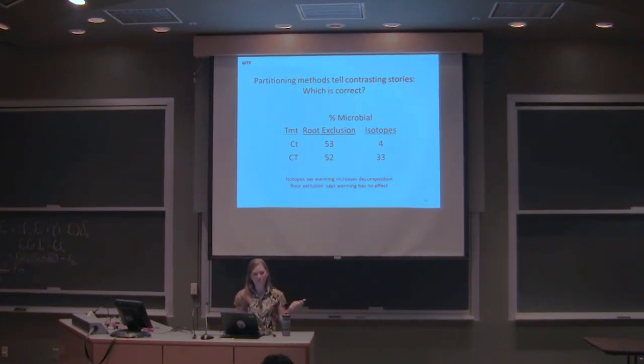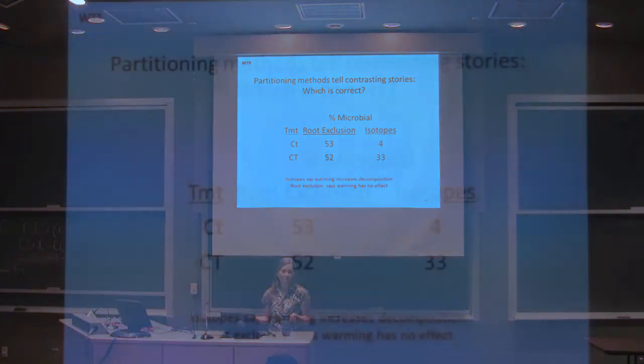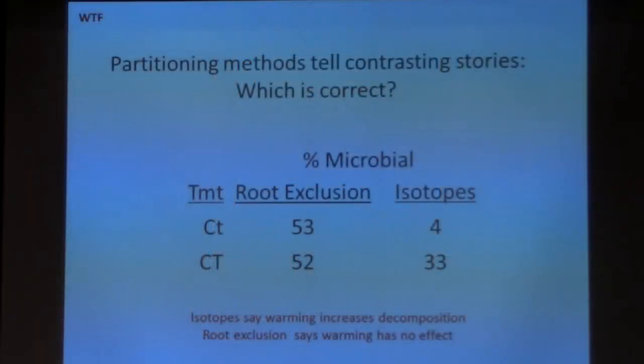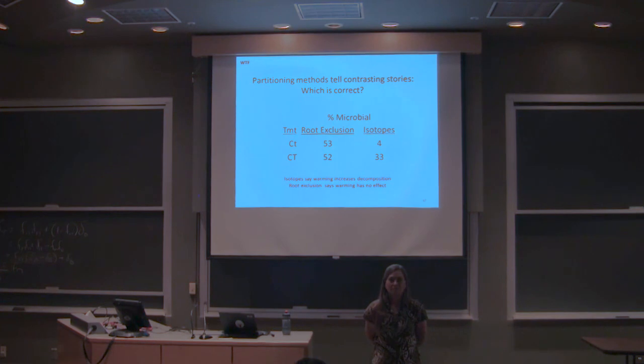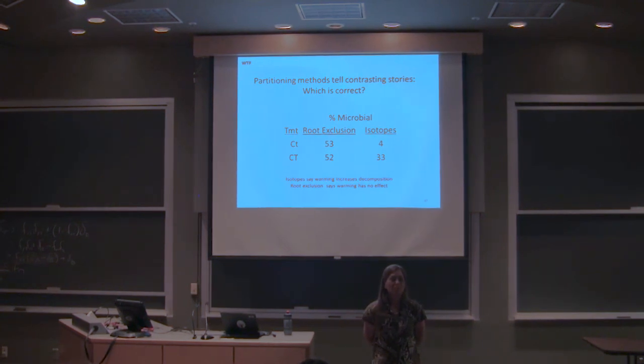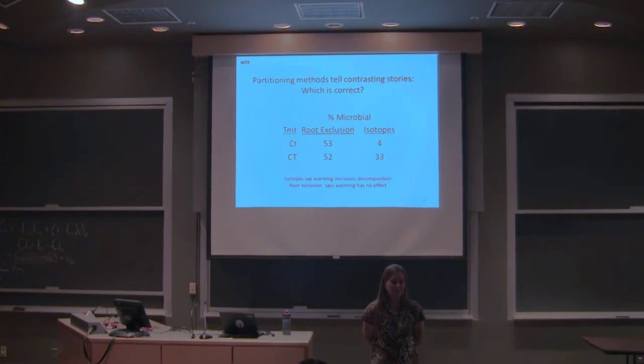So which is the best method? Well, isotopes have less of a disturbance effect, right? So the fact that we're using a non-disturbing method might be giving us a better, more natural result. Isn't this kind of intuitive? Because in the root exclusion, you kill the roots. Yeah, we're killing the roots, but we're measuring the soil organic matter decomposition only.